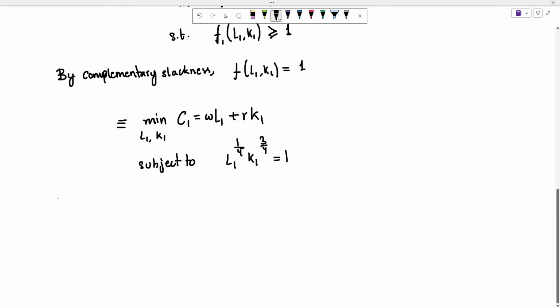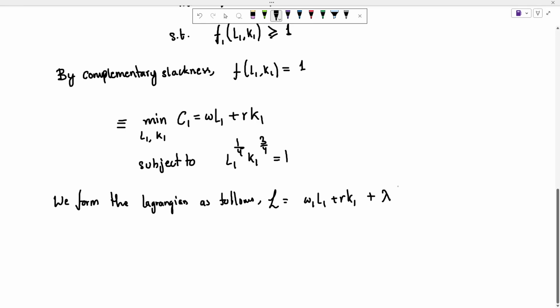So we form the Lagrangian as follows: W1 L1 plus R K1 plus lambda times 1 minus L1 to the power 1/4, K1 to the power 3/4.